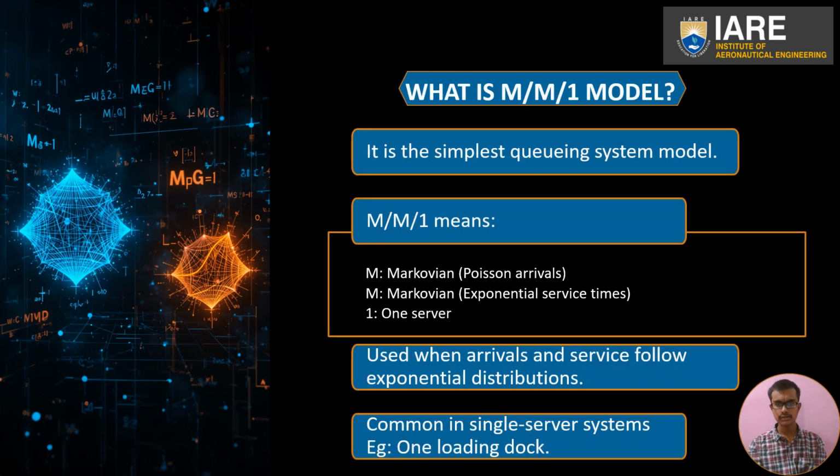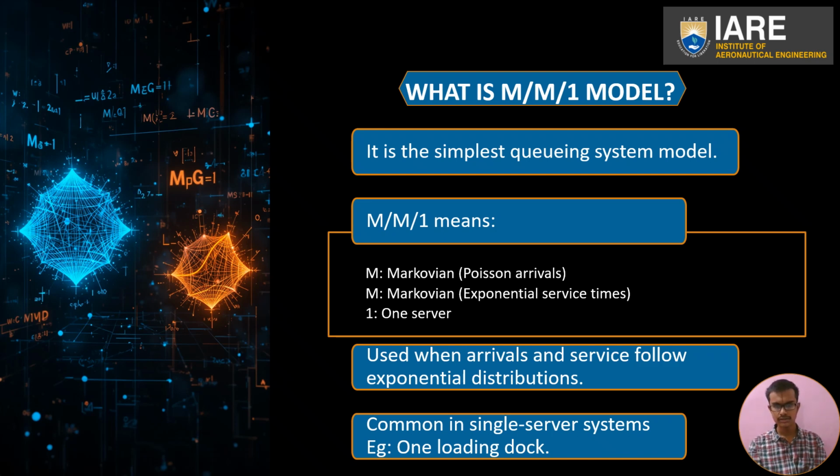So let's go through MM1 model. What is MM1 model? It's the simplest queuing system model. Here MM1 stands for Markovian, Poisson arrivals at the first place, and Markovian, exponential service times at the second place, and one server.